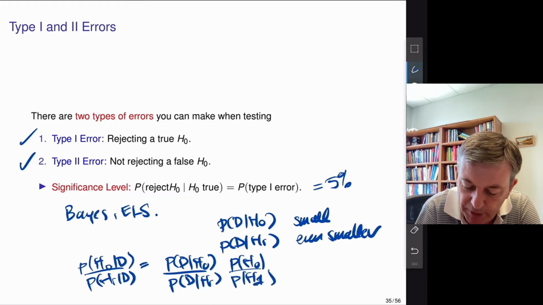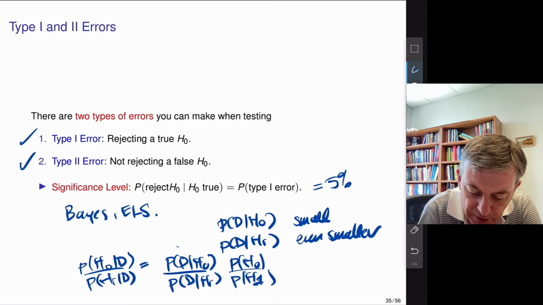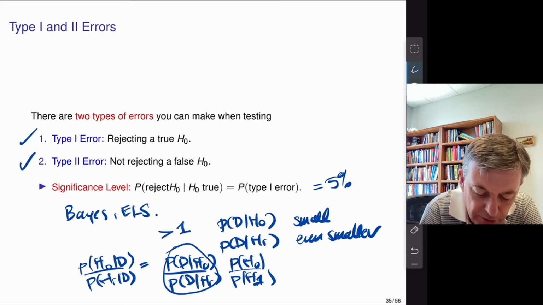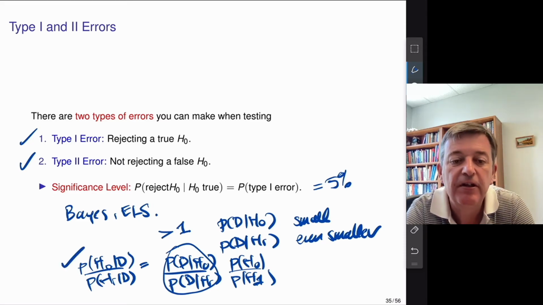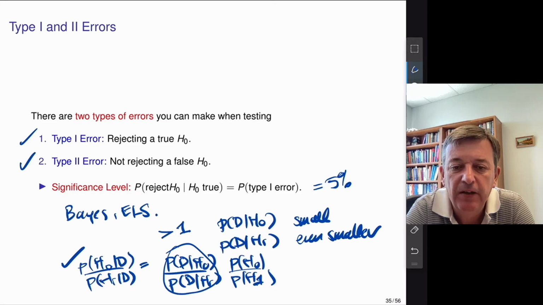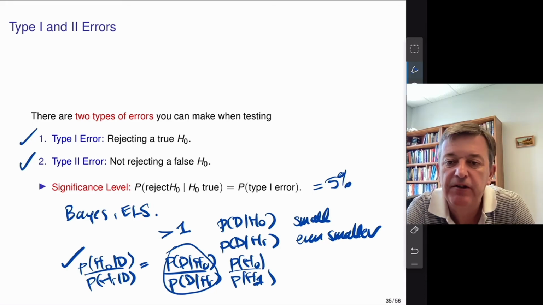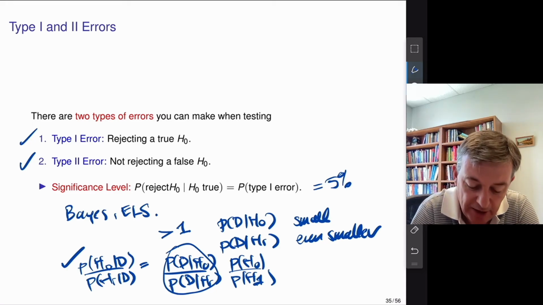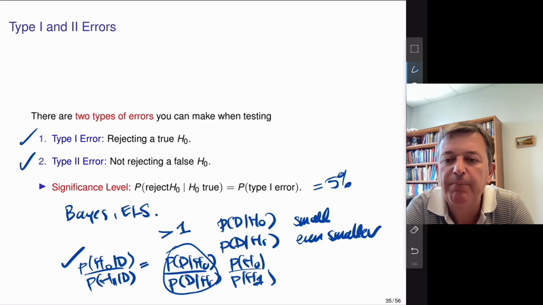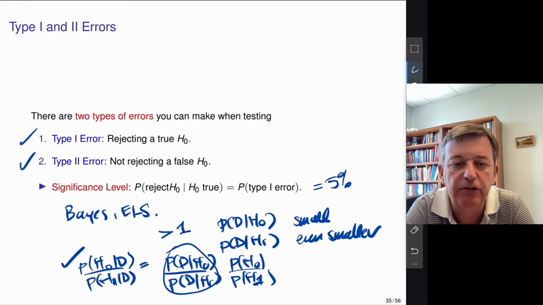So if this is small, but this one's even smaller, you can see that this ratio here will actually be bigger than 1. And so you can see that the evidence in Bayes will actually favor H0 over H1. So a simple example there: I could have a p-value that's less than 0.05, and yet I'd be having a high posterior probability that H0 is true.